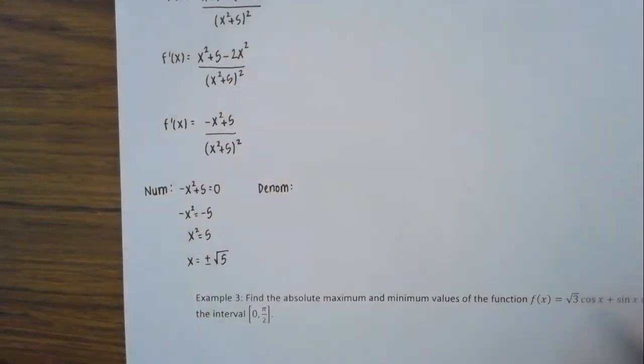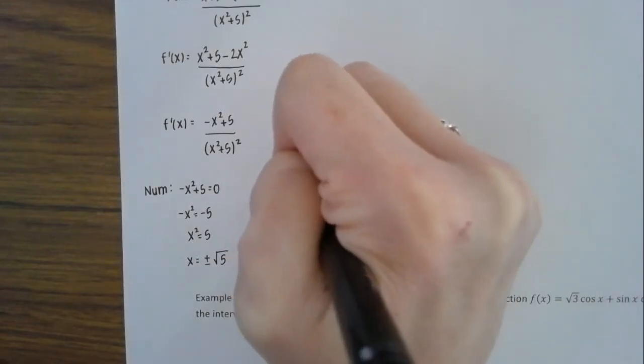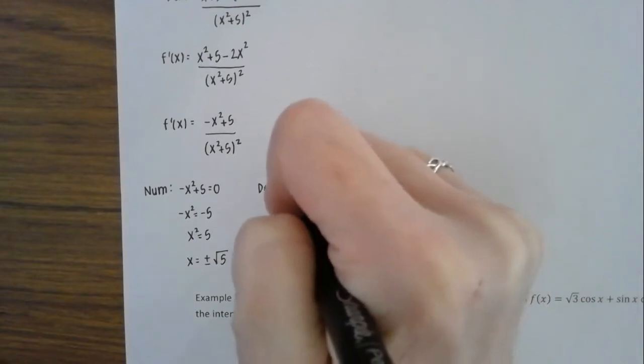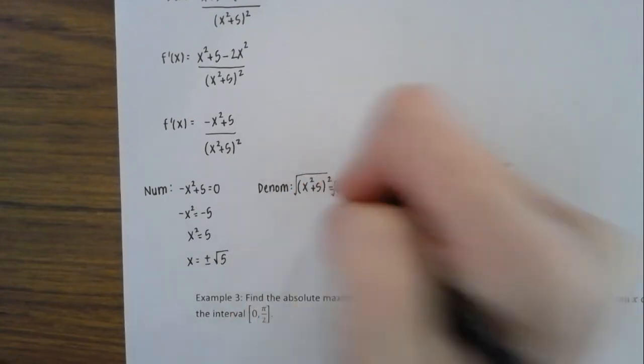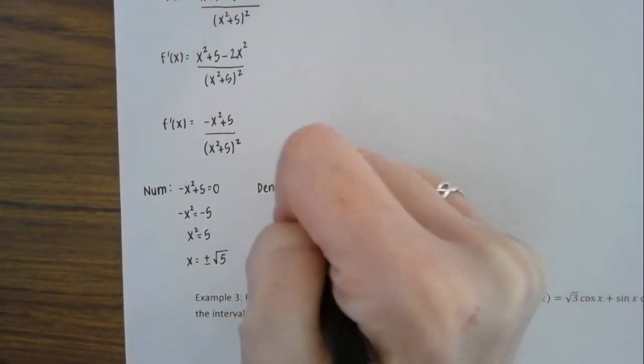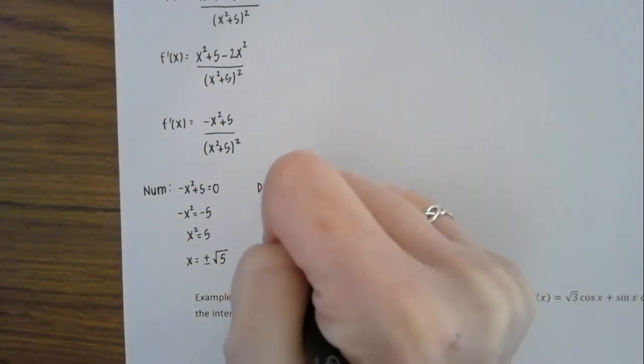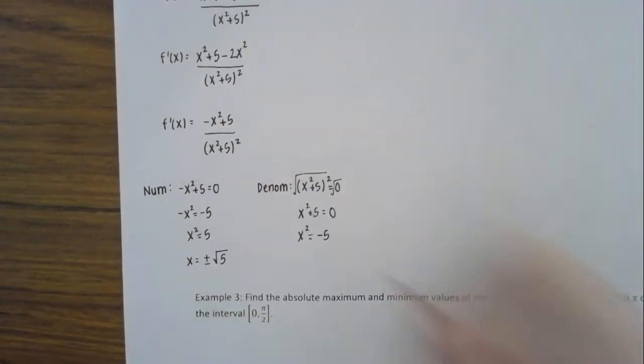From the denominator, I'm going to take this quantity, x squared plus 5 squared, and set it equal to 0. Take my square root to get rid of that power of 2. That's going to give me x squared plus 5 is equal to 0. Subtract 5, that's going to give me x squared is equal to -5.